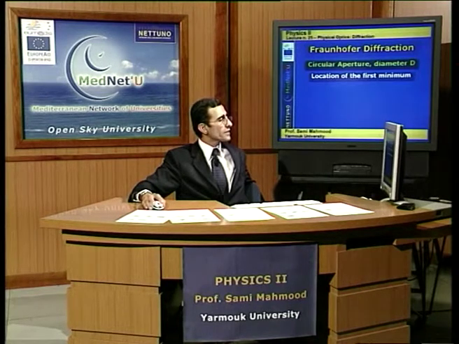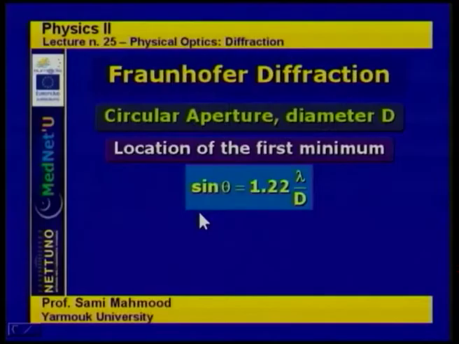So in the case of an aperture of diameter d, the location of the first minimum, after we perform the right integral, is given by sine theta equals 1.22 times lambda over d. It's just slightly different from the formula for the horizontal slit.